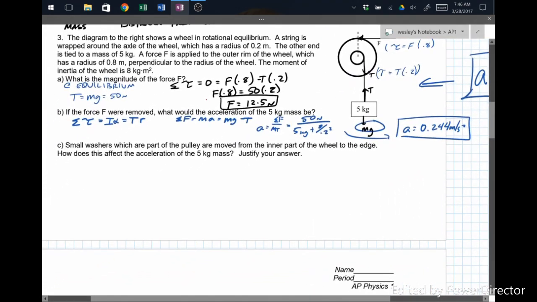Next one, small washers are moved from the inner part to the outer part. How does this affect the acceleration? All right, so by moving mass out, that's what we're doing, I increases, so it's harder to turn.